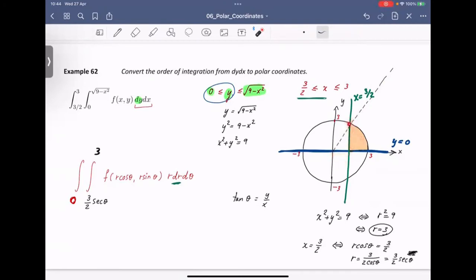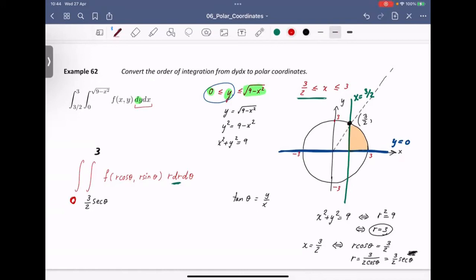Okay, so let's find this point. So this point, the intersection that I put the laser on now, it is on the line x equal to 3/2. So which means the x coordinate is going to be 3/2 for sure. And if you plug in 3/2 into the equation of the circle, you're going to get y.